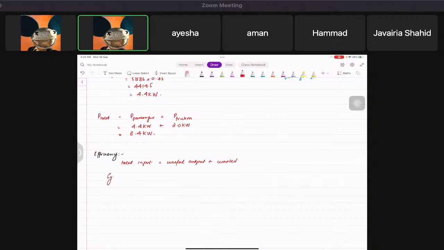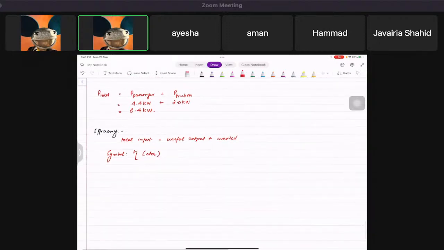The symbol for efficiency is this N thing. It is called eta, by the way, and eta is basically given by a ratio of useful output over total input. If you want to find percentage efficiency, then it is useful output over total input times 100%.